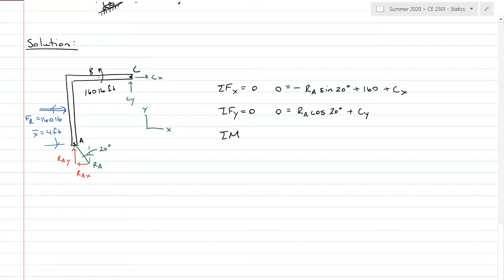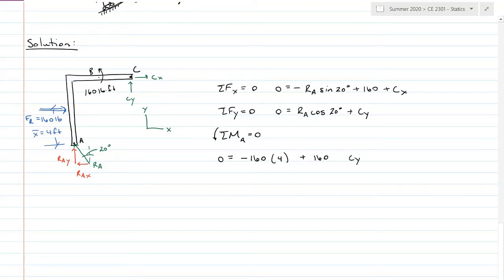So last, I'm going to sum my moments about A, and I'm going to add counterclockwise. So that's going to give me 0 is equal to, let's see, 160 pounds acting at 4 feet, and that is causing a clockwise rotation about A. I have the moment itself, 160 pound-feet acting counterclockwise.